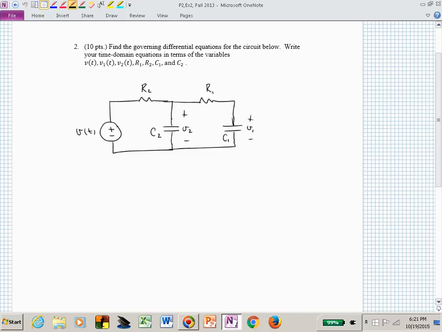Yes? I just wanted to clarify my understanding of what you want as governing differential equations. Well, there's a debate, and the presidential candidates are governing this equation, and we need to know which way they're leaning. No, it just means what is describing the behavior of this circuit. That's what's governing its behavior.